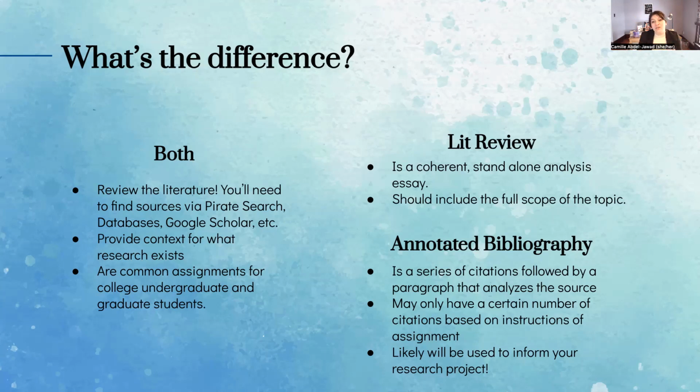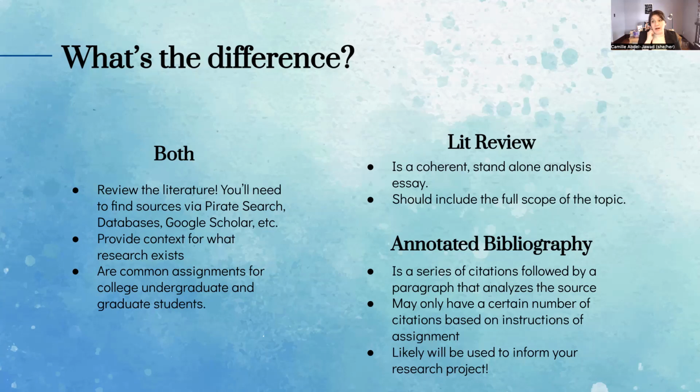And the thing about lit reviews is they are coherent. You could read them from top to bottom, and it is all one cohesive essay. Lit reviews should also include the full scope of the literature on this topic, right? All the different points of view, all of the different developments on the topic, all the key players should be represented in your lit review.